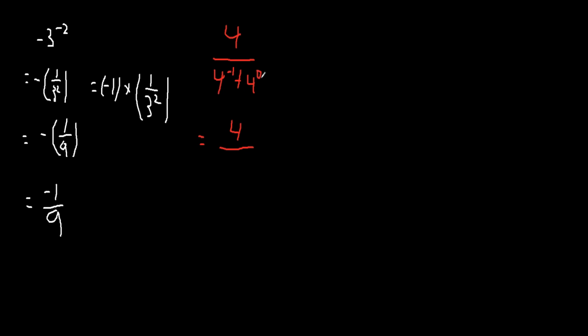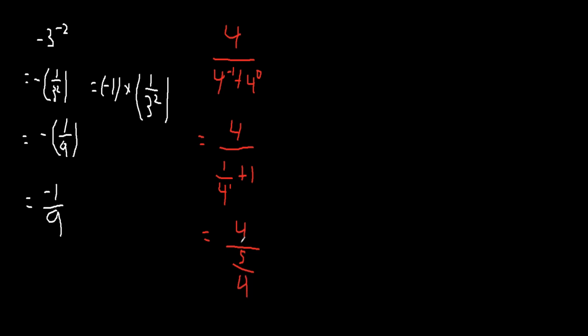And we have our 0 exponent here. So anything that is raised to the power of 0 except 0 is 1. So our denominator now will be 1 over 4 to the 1, which is 1 over 4, plus 1. And that gives us 4 over, and 1/4 plus 1 is 5 over 4.